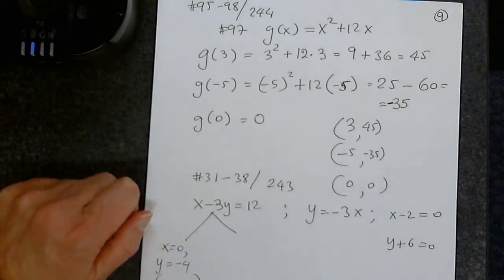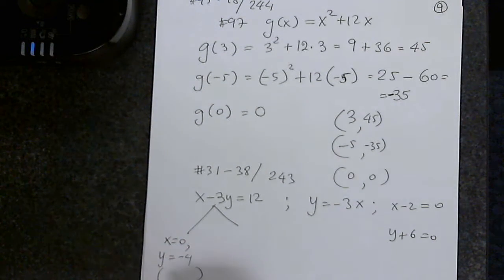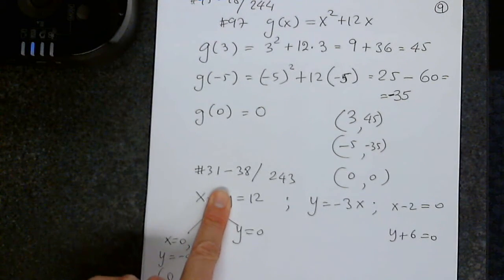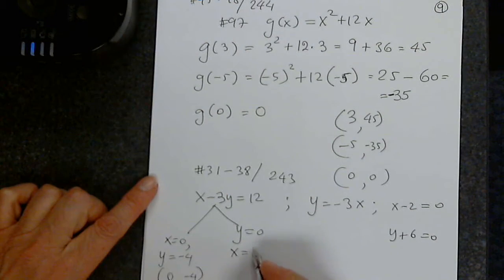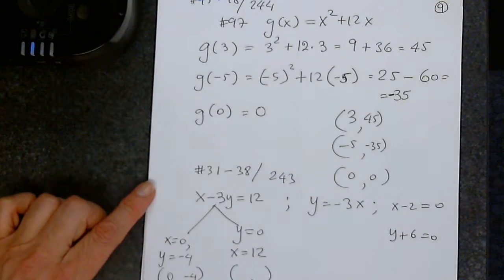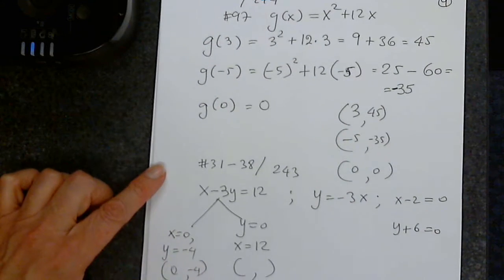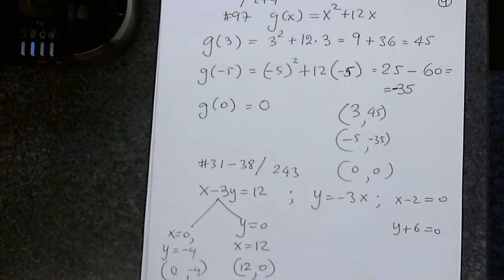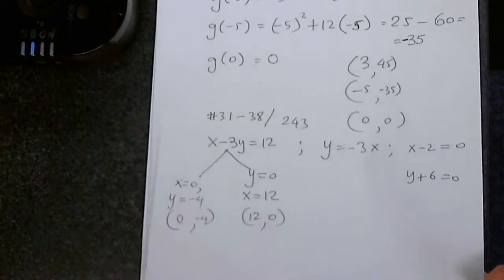Can anyone give us the first ordered pair? Excellent. Perfect. Now I want y equals 0. How much is x? So the other ordered pair for this first line is? Do you all agree? Yes? Okay, so let's graph this first function.